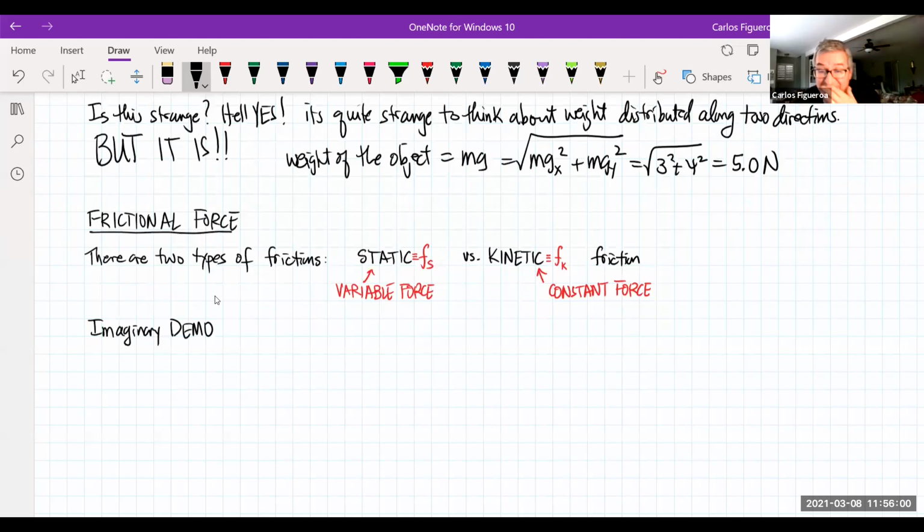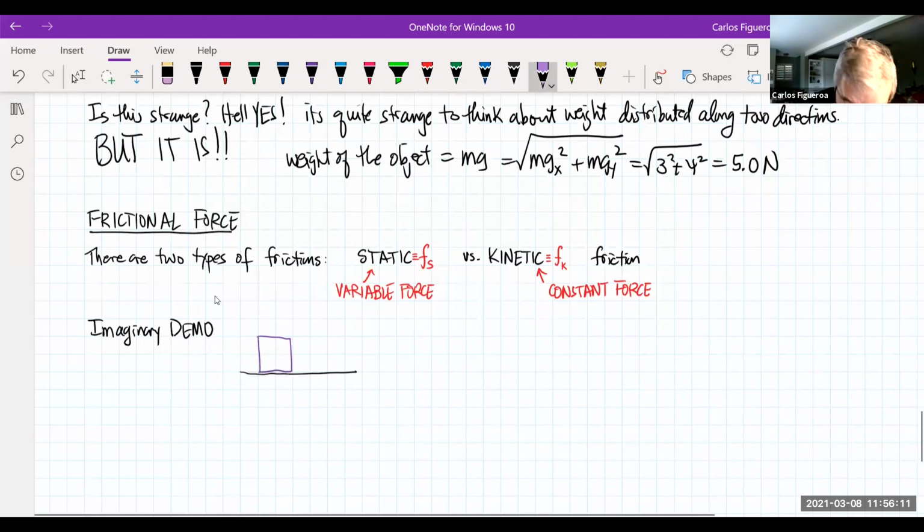I imagine that I have a surface with a block. And this is a rough surface. And we could imagine that we have this block right here. Now, remember, this is a rough surface. And what I'm going to do is attach a spring scale.